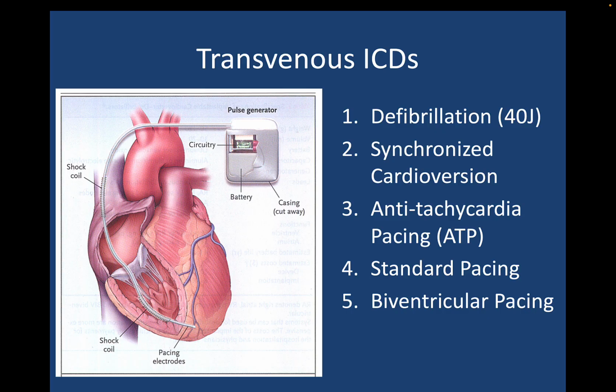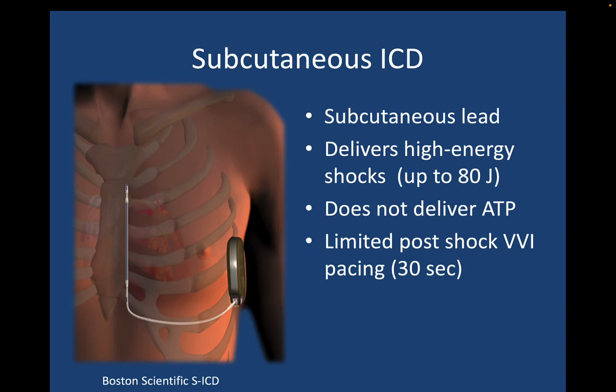So transvenous ICDs can defibrillate, they can cardiovert, they can deliver ATP, and they offer multiple different types of pacing modes. The SICD, subcutaneous ICD, made by Boston Scientific, came out about 10 years ago. The pulse generator is in the left chest wall, the mid-axillary line.